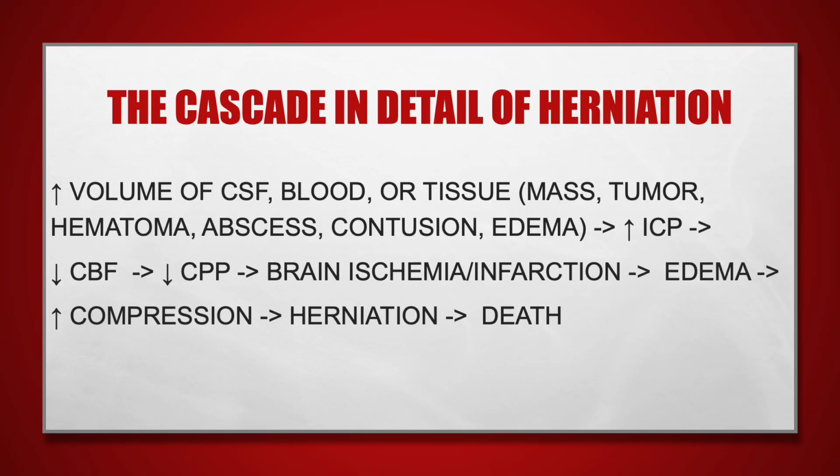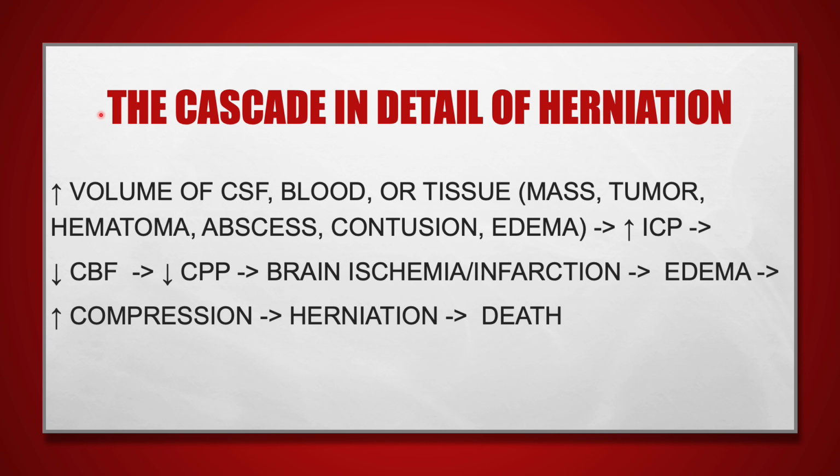And speaking of cascade, I'm going to go into more detail of herniation just because it's so important, all right? So you have an increased volume of whether it's cerebrospinal fluid, blood, or actual brain tissue that's caused by whatever: a mass, a tumor that's blocking the cerebrospinal fluid and it's building up and causing hydrocephalus; a hematoma, where blood is just pooling into that brain; an abscess, where pus is just filling up; or a contusion, where it's bruised, the actual brain tissue is swelling, you get edema, okay?